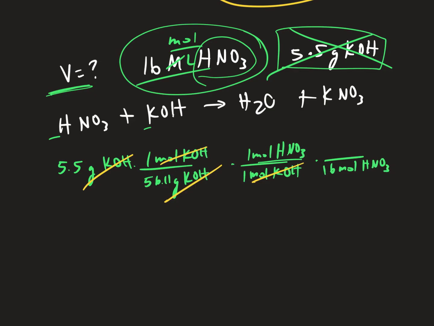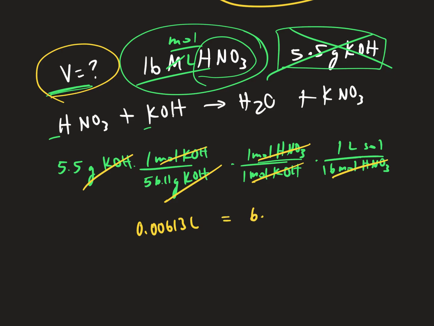Does that make sense to everybody? To 1 liter of solution? And that's what we're looking for, volume of solution, right? We're done. Multiply and divide those, and we get 0.00613 liters, or we can say 6.13 milliliters, right?